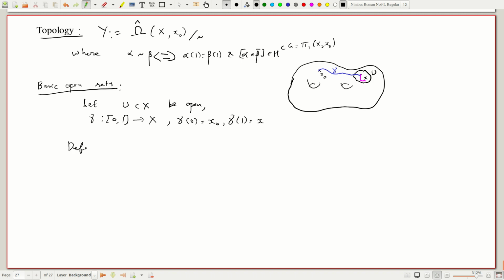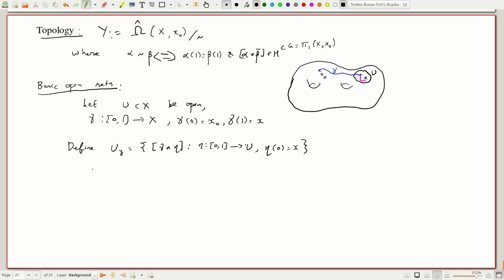So let's define the set U of gamma as the equivalence class under the appropriate relation we defined just above, of gamma star eta, where eta is a path from 0 to 1 in U and eta of 0 is x. So I look at all such paths and look at them up to equivalence.